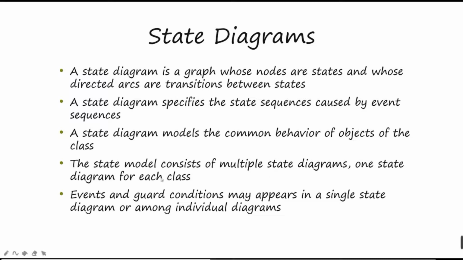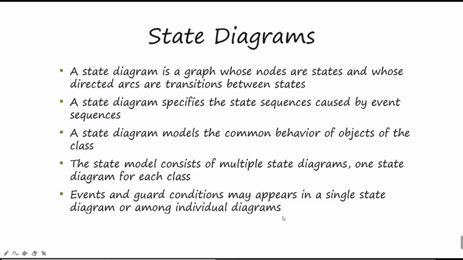The state model consists of multiple state diagrams, one state diagram for each class. It means each diagram is only for one class. If we have multiple classes, we will need multiple diagrams. Events and guard conditions may appear in a single state diagram or among individual diagrams.